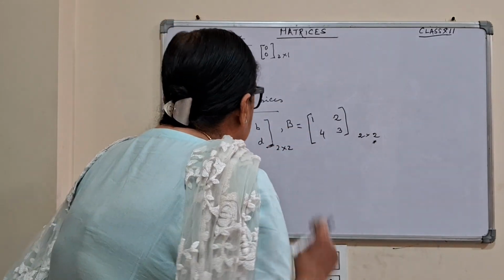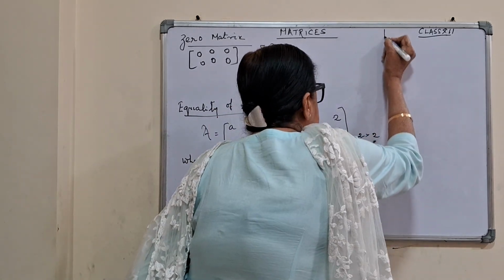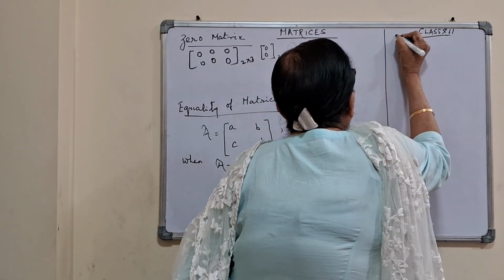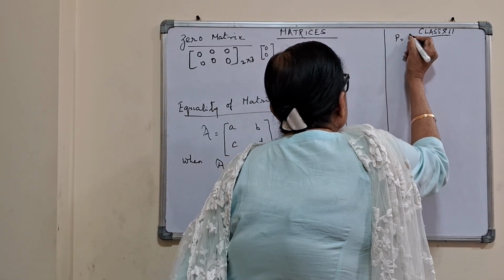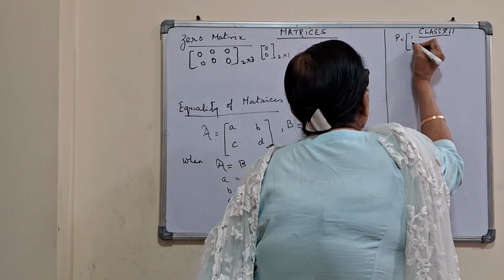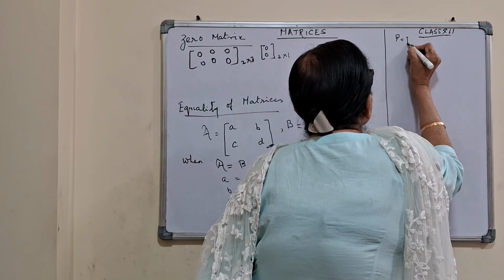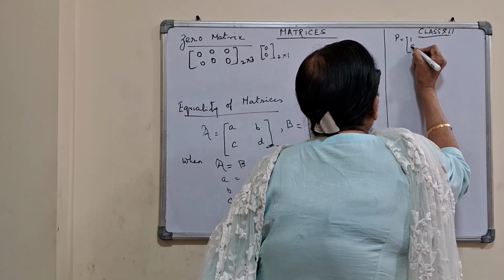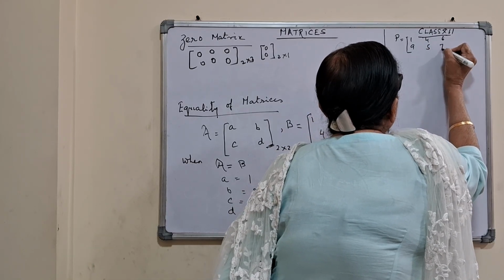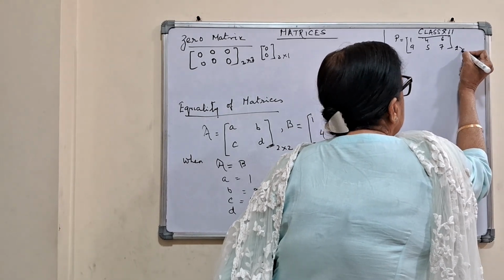It can be more elements again. P is a matrix 1, 9, 4, 5, 6, 7 of order 2 into 3.